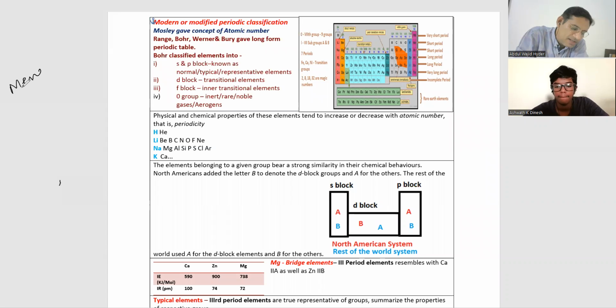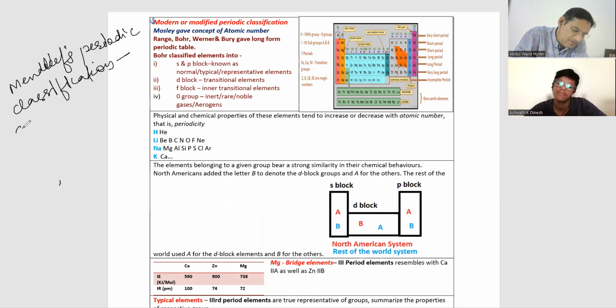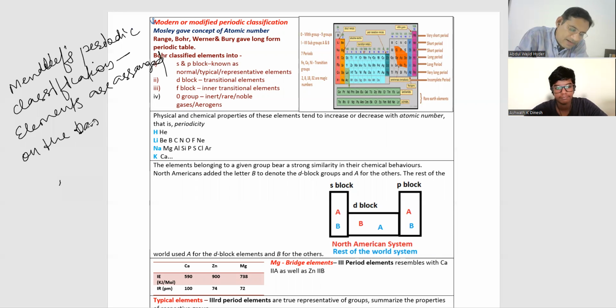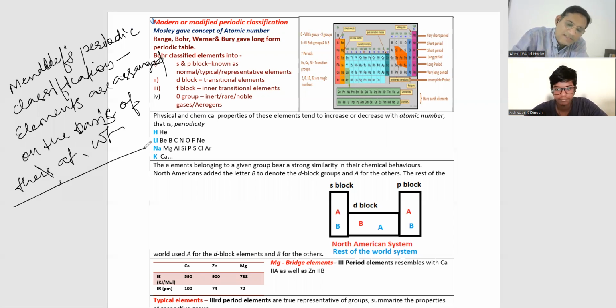According to Mendeleev's periodic classification, elements are arranged on the basis of their atomic weights.